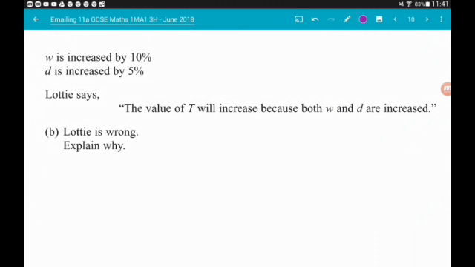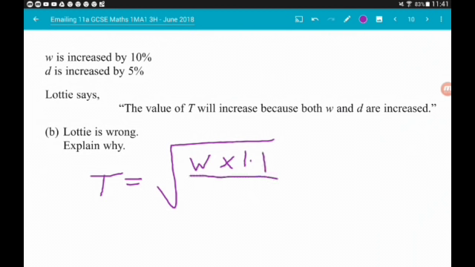So, if w is increased by 10%, we could say we've now got t is equal to the square root of w times 1.1 up on top, and then if d is increased by 5%, now remember, be careful here, d is being cubed.